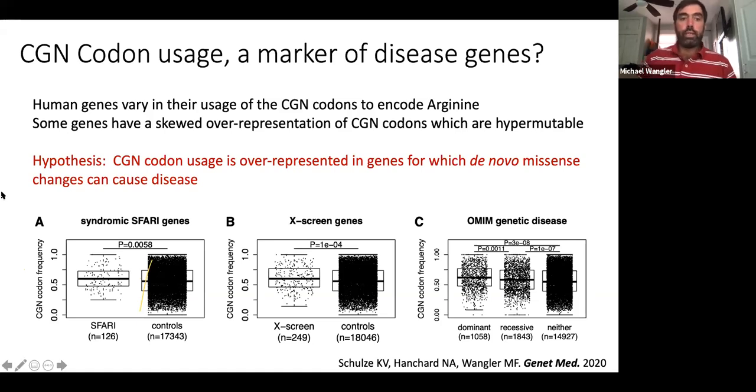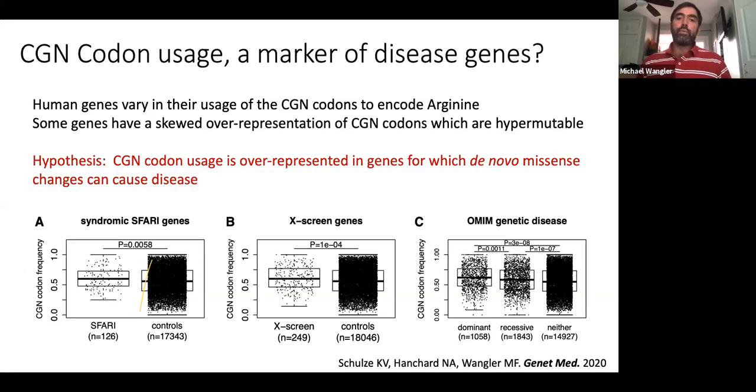So here we took the Simons Foundation autism gene set, and what we're looking at here is category 0, the syndromic autism spectrum disorder genes. In panel B, we looked at a gene set that we had previously published in our group.